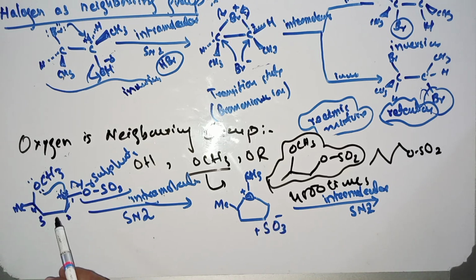Because here is the attack of a nucleophile, and in the first step it follows the SN2 mechanism because when the nucleophile attacks any electrophile, at the same time the leaving group leaves the electrophile, and the bond between the electrophile and the leaving group breaks when the nucleophile attacks the carbon.